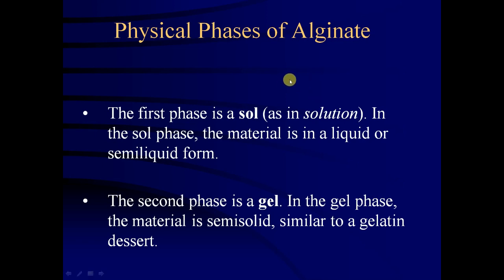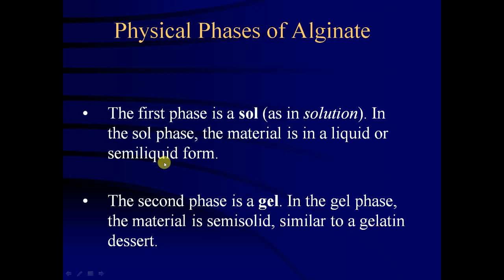Next is the physical phases of alginate. The first phase is a solution, or you can say a sol. In the sol phase, the material is in a liquid or semi-liquid form. The second phase is a gel. In the gel phase, the material is semi-solid, similar to a gelatin dessert.